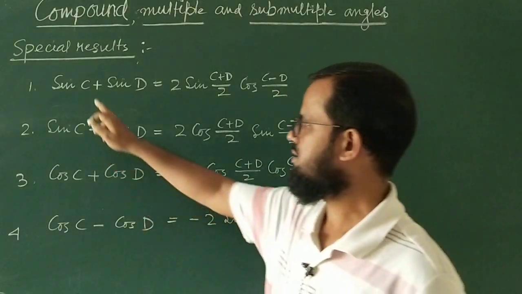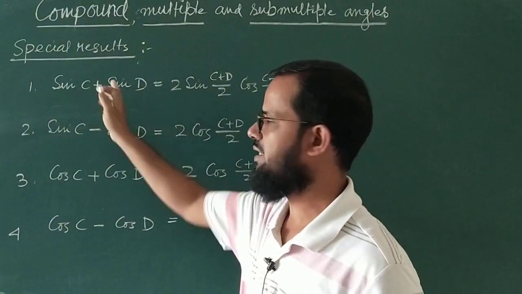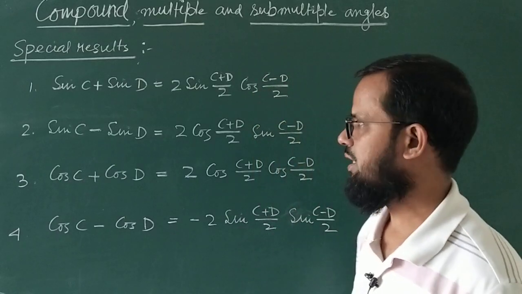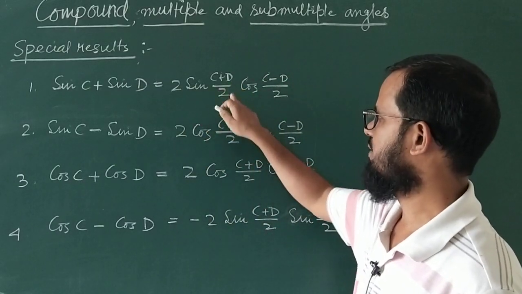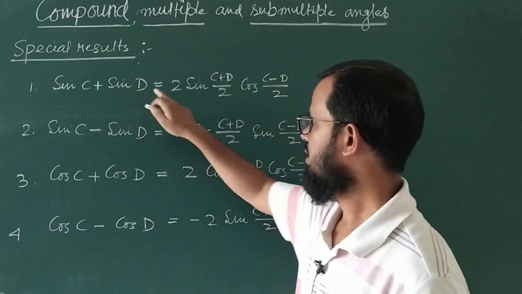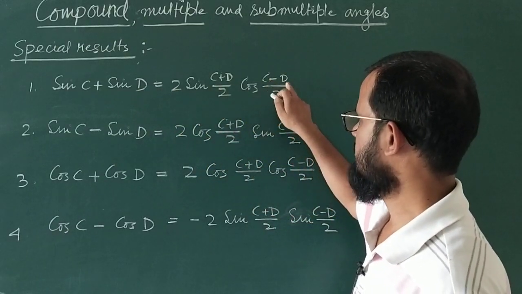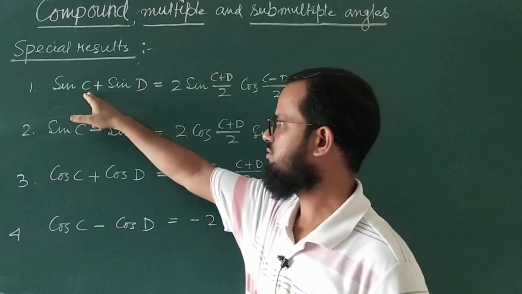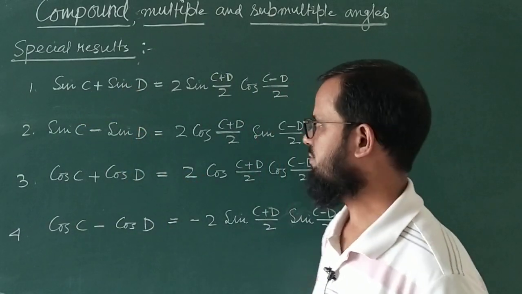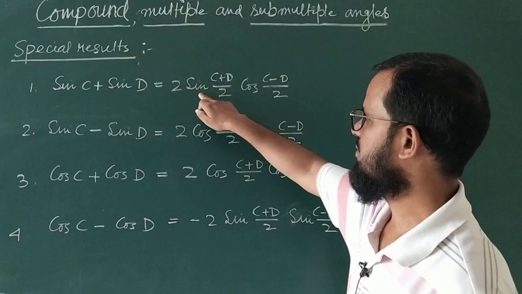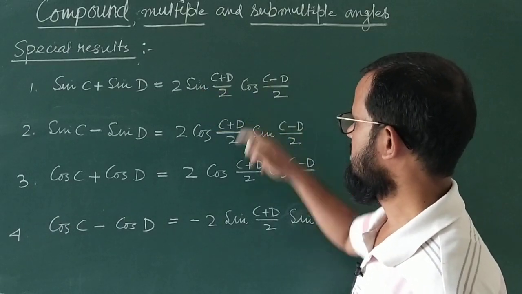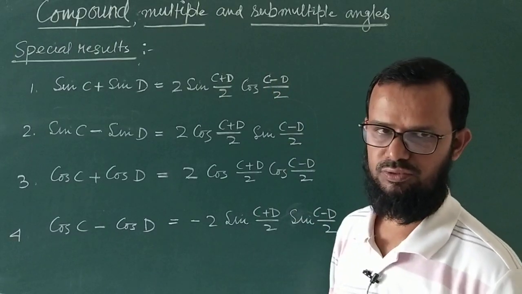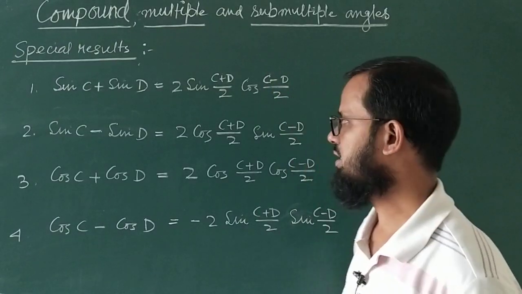It is given that sin C plus sin D, where C and D are some angles, equals 2 sin (C plus D) divided by 2, the sum of the angles divided by 2, into cos (C minus D) divided by 2, the difference of the angles divided by 2.